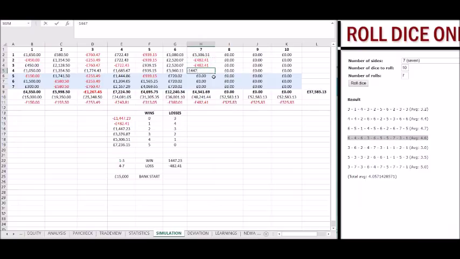So here we've hit our max loss for the day. Friday, 1, 2, 3, 4, 5. 1, 2. So there were 2 wins on a Friday, which brings us to 1447.23. And 1, 2, 3. Oh my goodness. 1, 2, 3, 4, 5. Unbelievable.